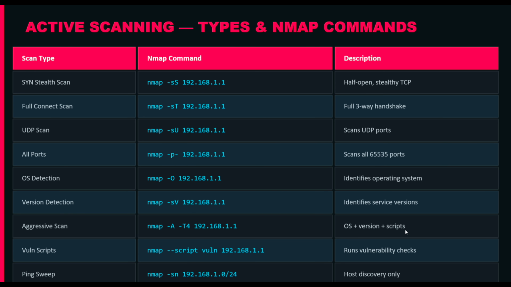Scripts are the vulnerability scripts that run on the target machine and find the vulnerabilities present in that machine. I have also provided a PDF in the description, where you have all the tools and commands which you have to practice for this scanning.